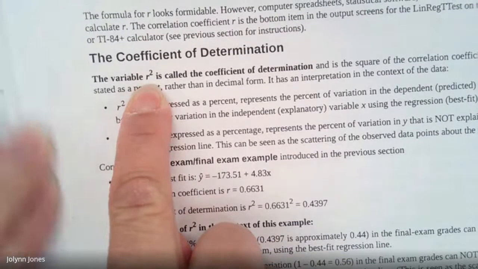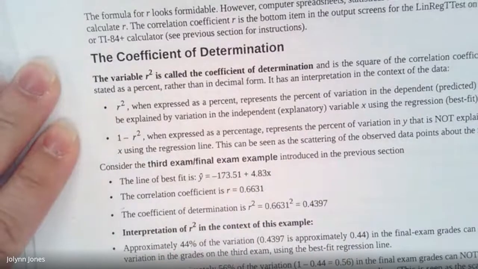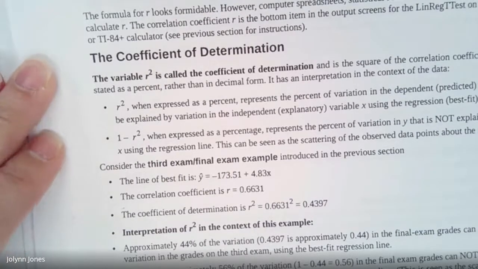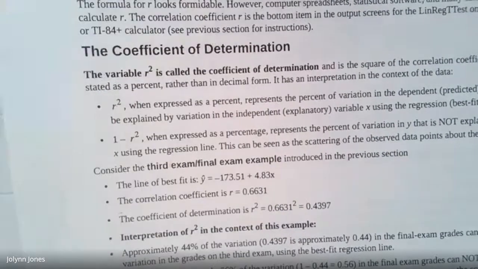This is a great spot if you're stuck on how to interpret what r squared really means. So page 685 in the packet, the coefficient of determination. All right, switch it back over.